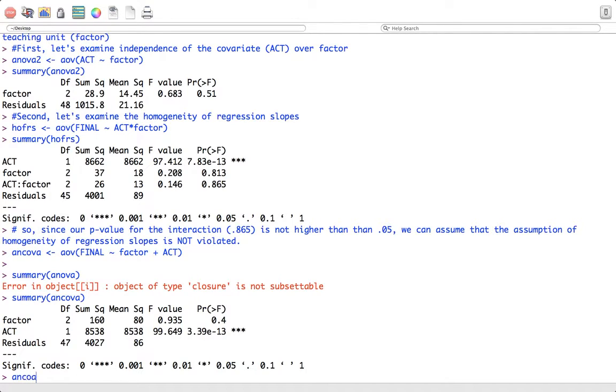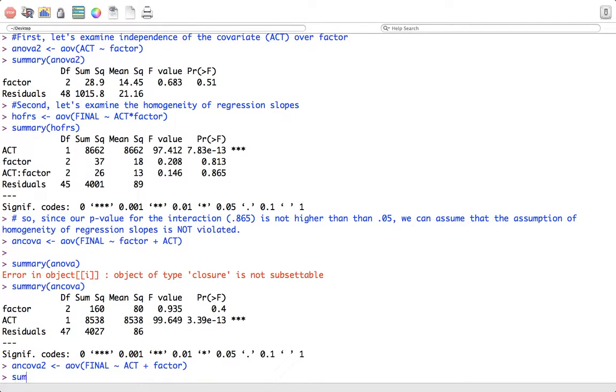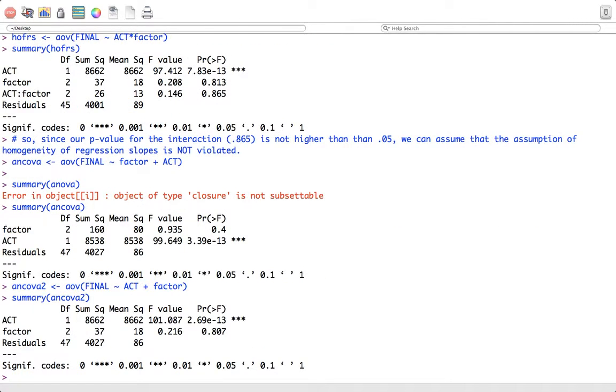When we use ANCOVA, let's create a second model, but let's change up the order in which we enter the covariate and the factor. And you're going to see that we get different values. And that's kind of wacky, right?